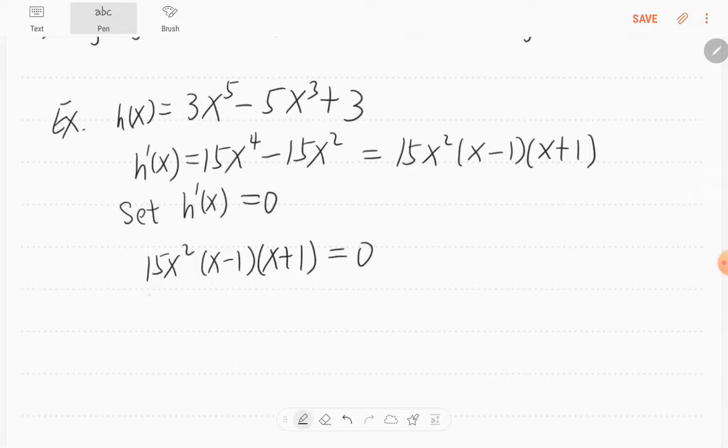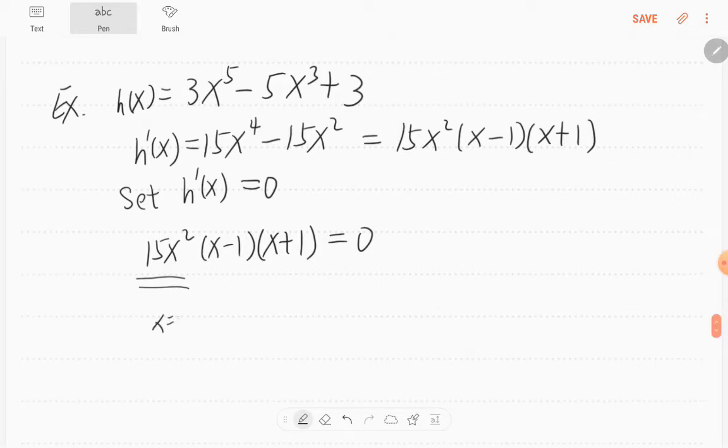Don't forget, you cannot erase this 15x squared. The reason is that when you divide by x squared, you assume x squared is not 0. However, x squared equals 0 is a solution here, right? So this term x squared contributes x equals 0, this term contributes x equals 1, and this term contributes x equals negative 1. So you have 3 critical points.